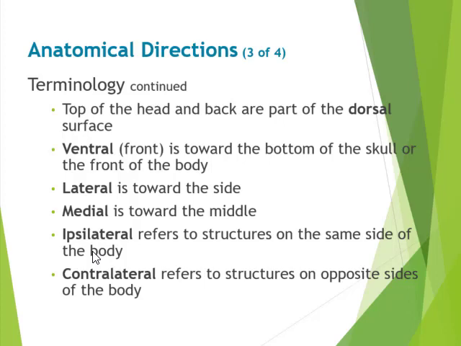When we talk about movement and sensation of the arms and legs, we'll talk about how that's organized contralaterally, meaning what you feel in your left hand is actually interpreted by the sensory cortex in your right hemisphere. So that's organized contralaterally.